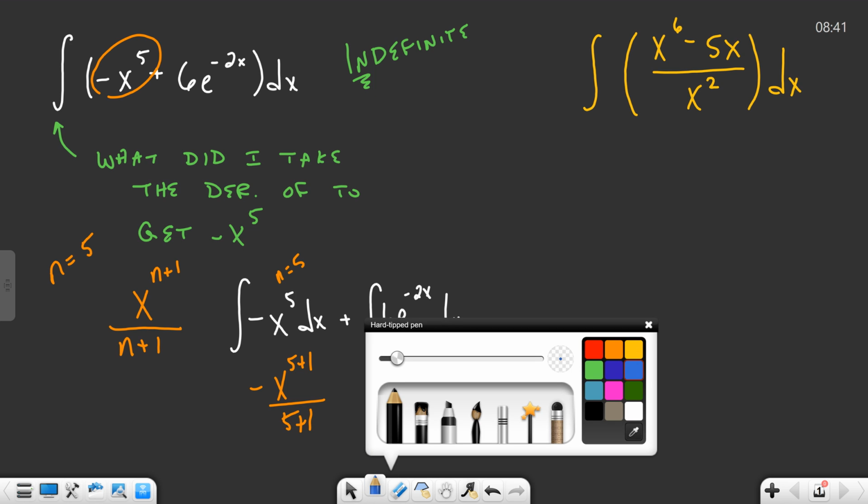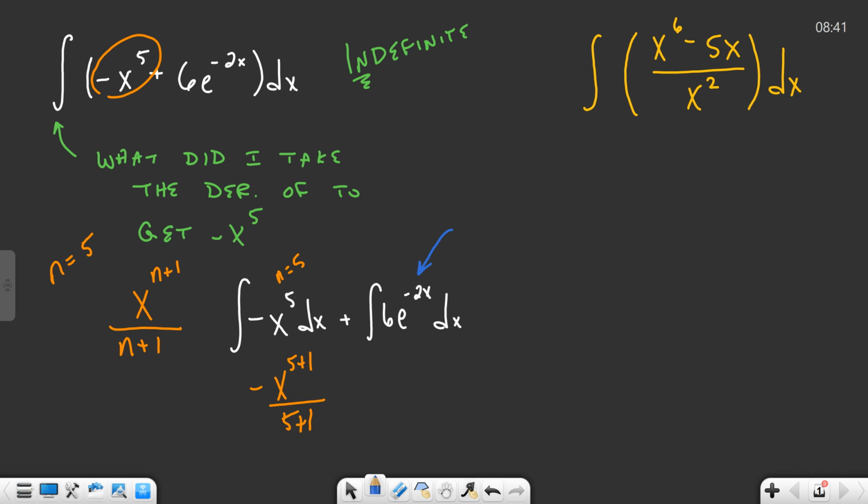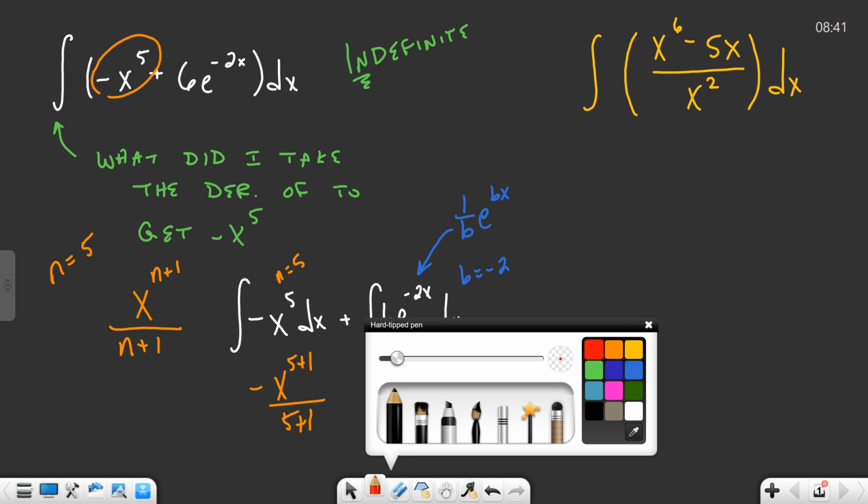The antiderivative for what we have here is a little more involved. When we take the antiderivative of e to the bx, it's going to be 1 over b times e to the bx. In our case, b is equal to negative 2. So what do we do with this 6?